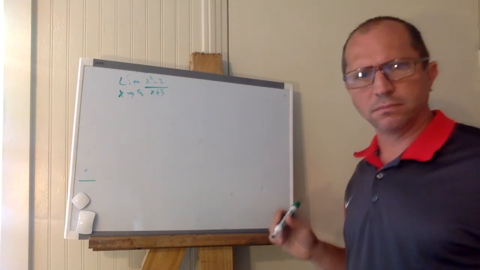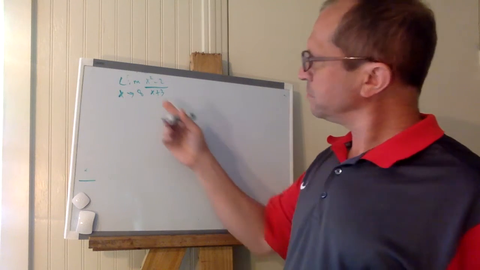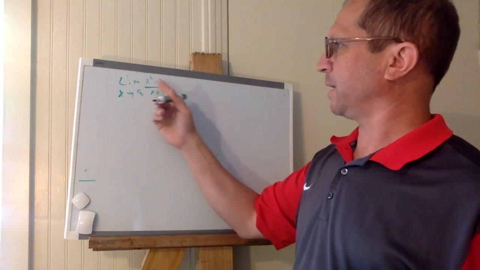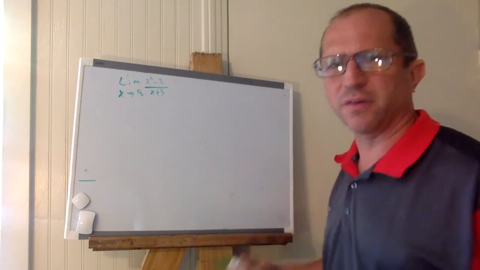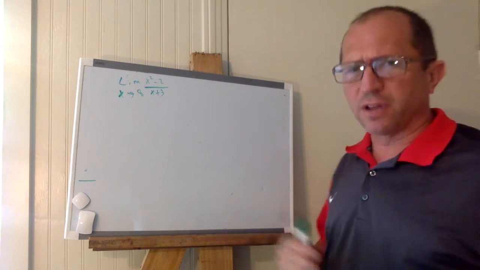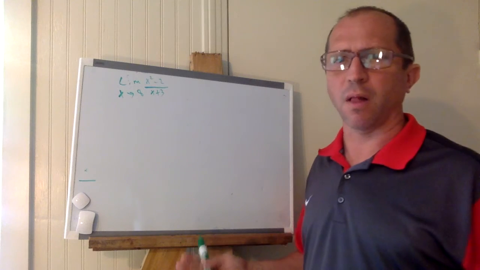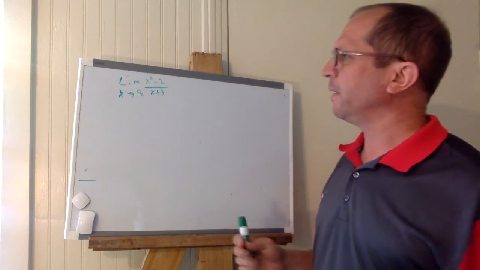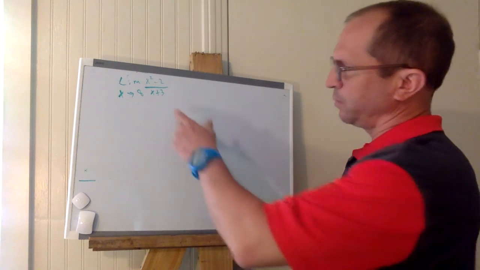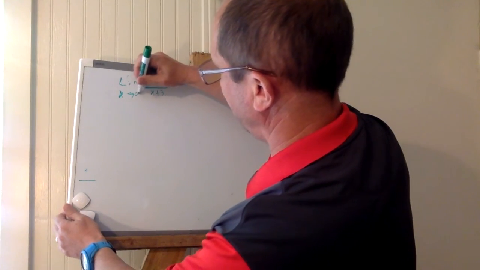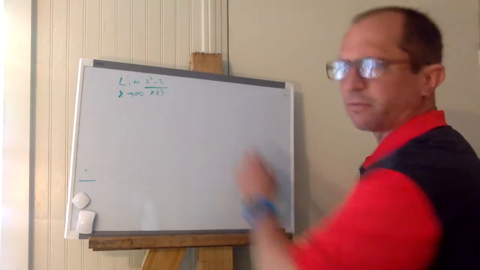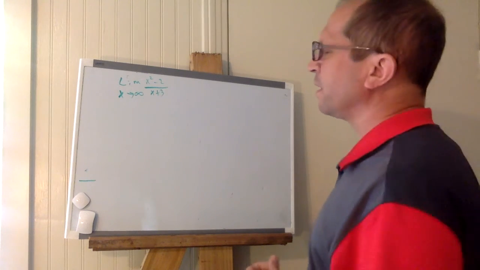If we think about plugging in numbers like 10, 100, 1,000, and so forth, and 1,000 is not a big number at all, nor is 1,000,000, when you're talking about growing infinitely large.